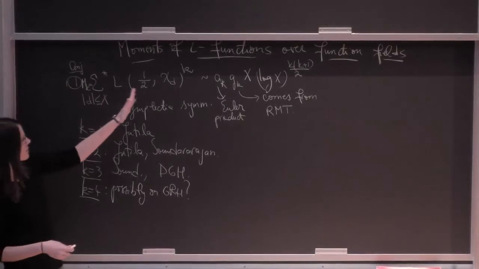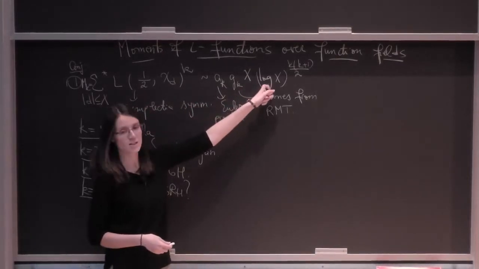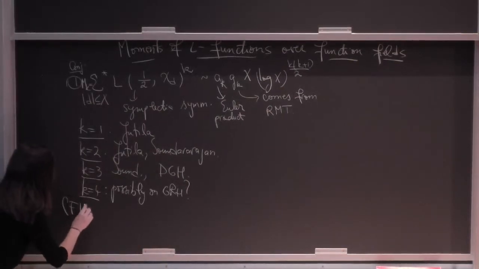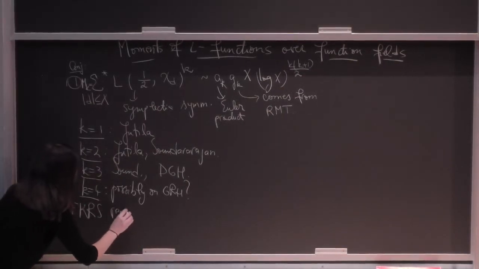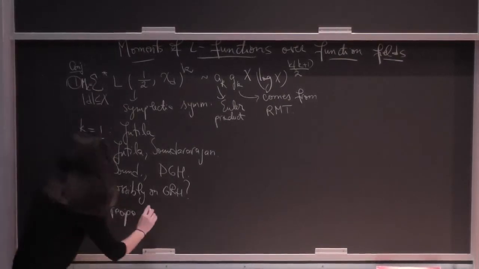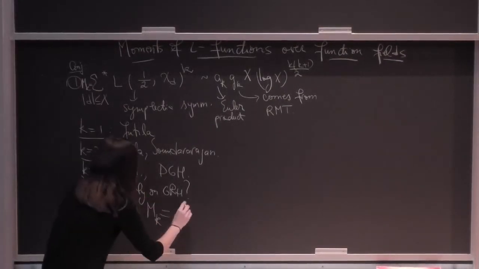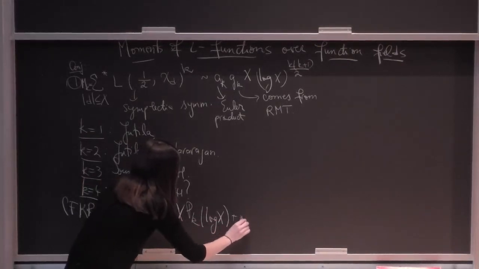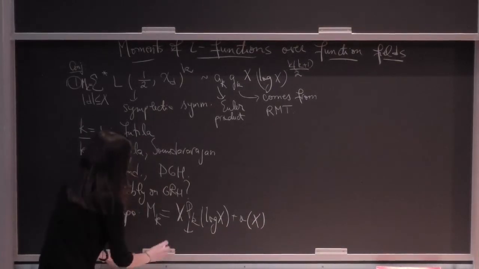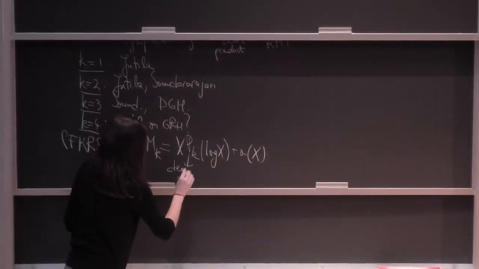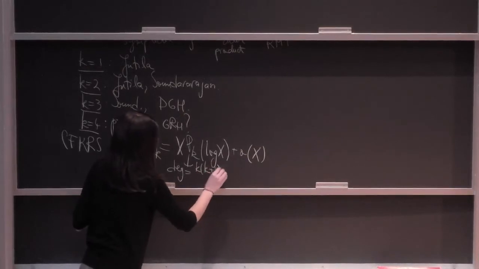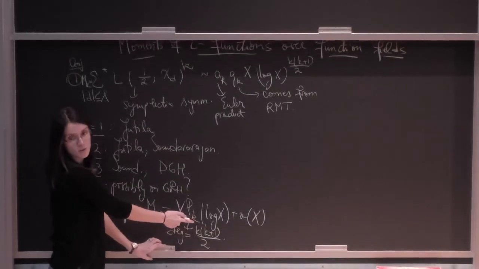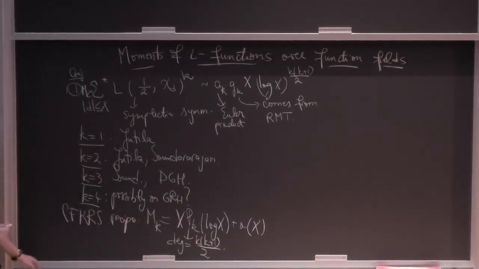Their recipe predicts that the kth moment is asymptotic to x times a polynomial P_k in log x of degree k(k+1)/2, and we can write down explicitly the coefficients of the polynomial P_k.